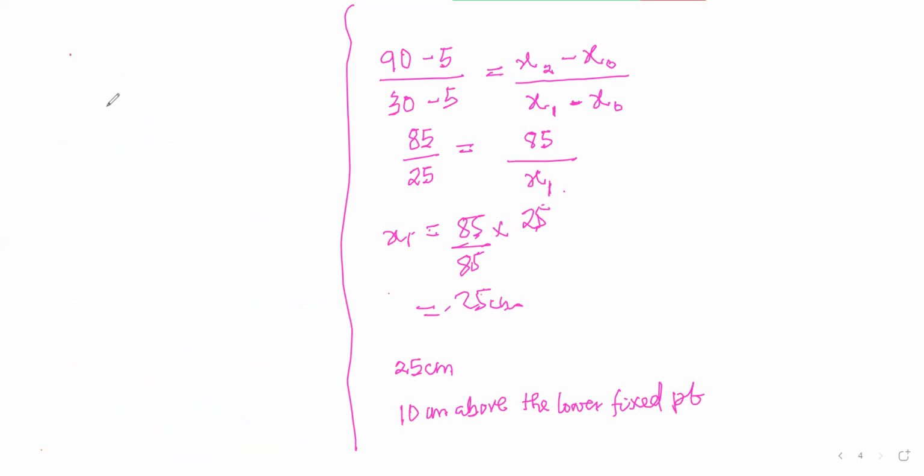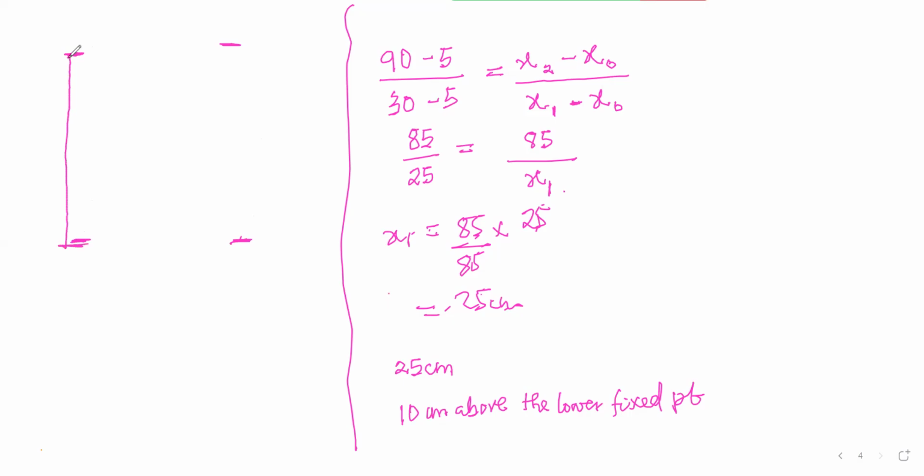So the distance between the upper fixed point and the lower fixed point, we are told, is 25, and it's about degrees Celsius. What it means is that we are comparing the length of the mercury to these two temperature points on the thermometer.